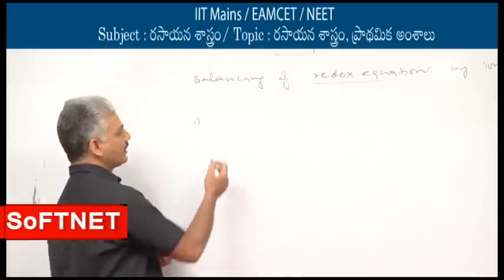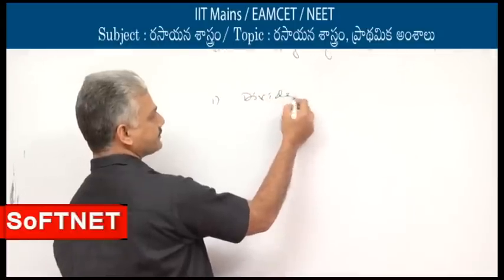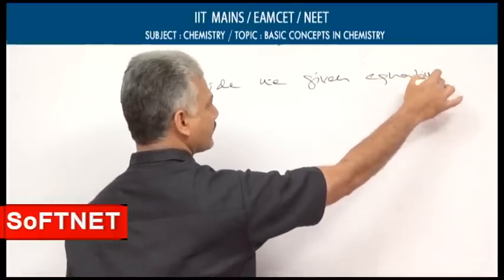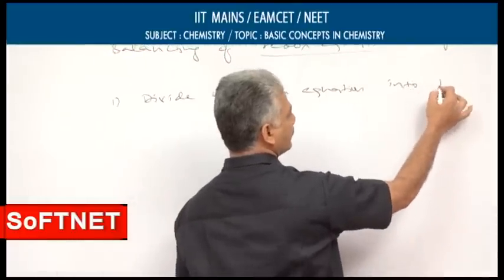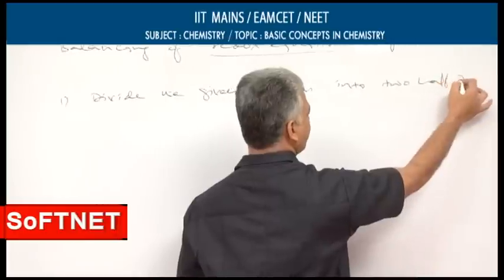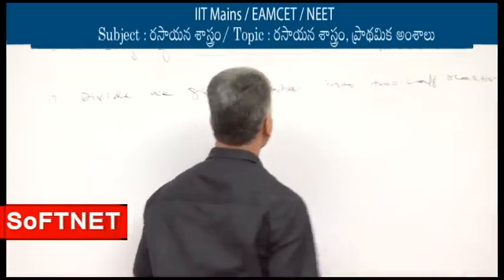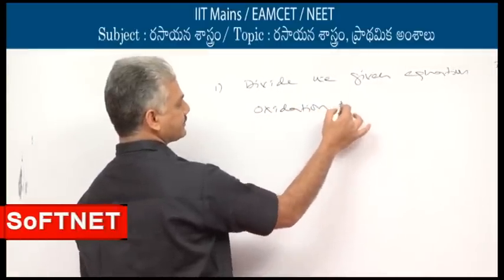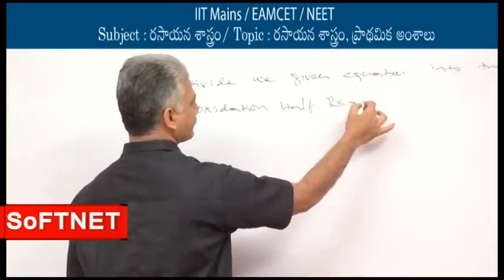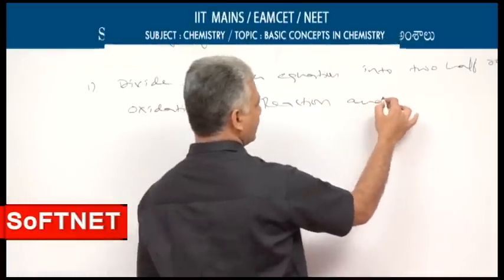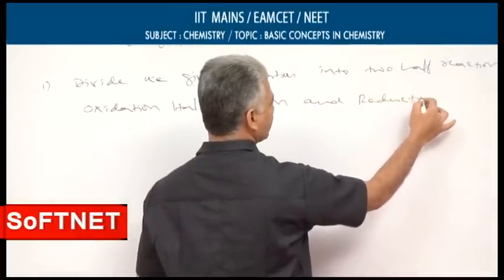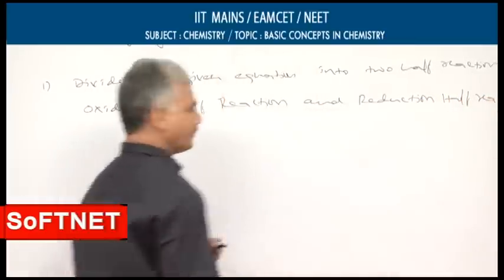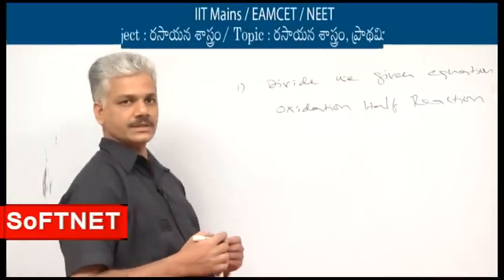First rule is we have to divide the given equation into two half reactions, namely the oxidation half reaction and the reduction half reaction, based on the difference in the oxidation state values.